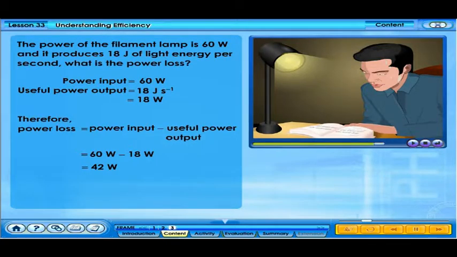Useful power output equals 18 joules per second, which equals 18 watts. Therefore, power lost equals power input minus useful power output, which equals 60 watts minus 18 watts, which equals 42 watts.